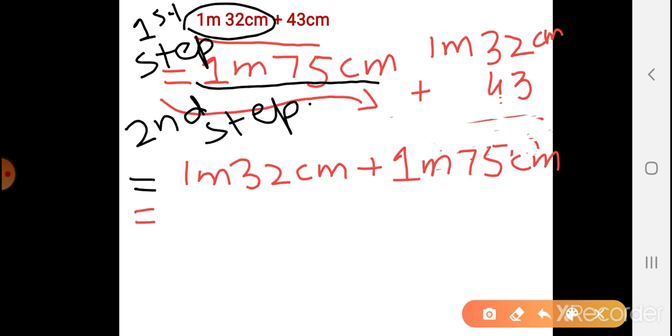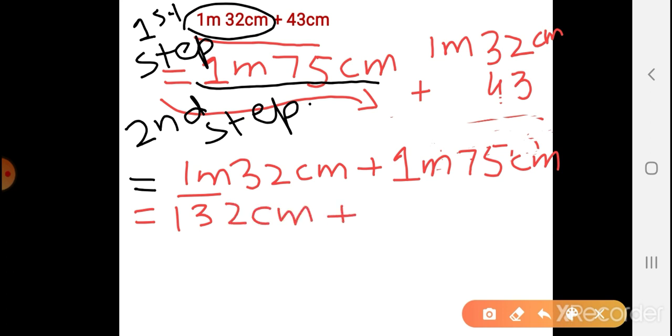The first thing we have to do is convert meters into centimeters. 1 meter equals 100 centimeters, so this value is equal to 132 centimeters.